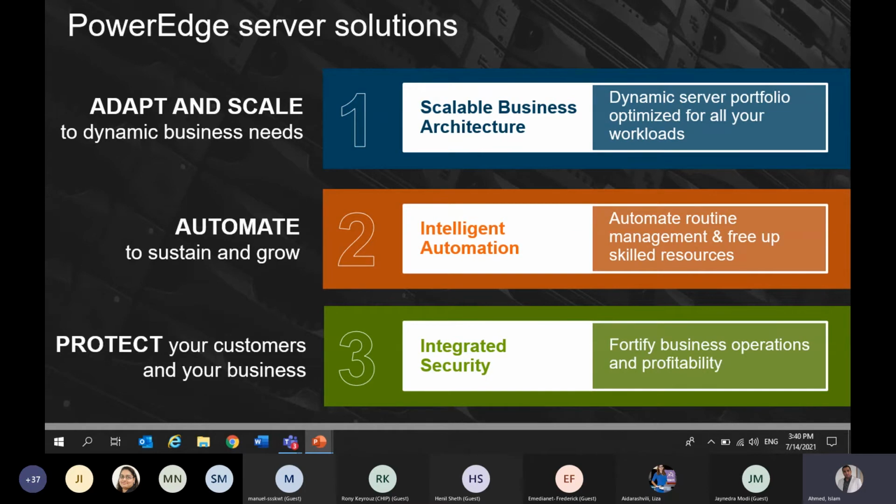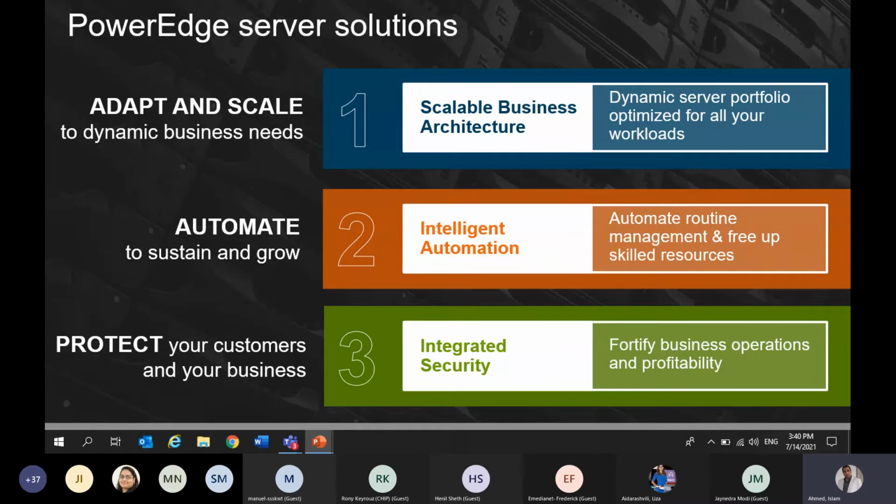So how dynamic is your portfolio, so I can choose the right server? The second thing is automation to sustain and grow. The third thing is to protect the server itself and protect the business.